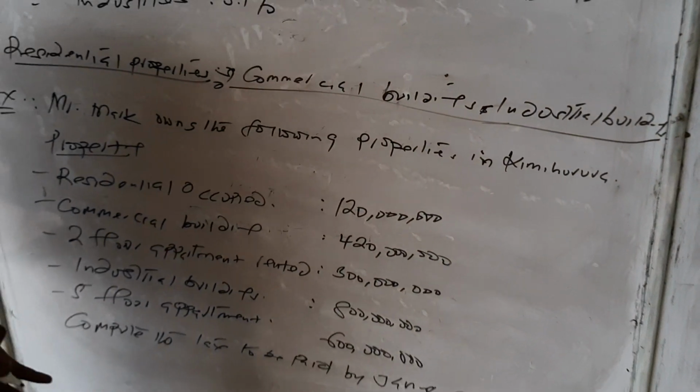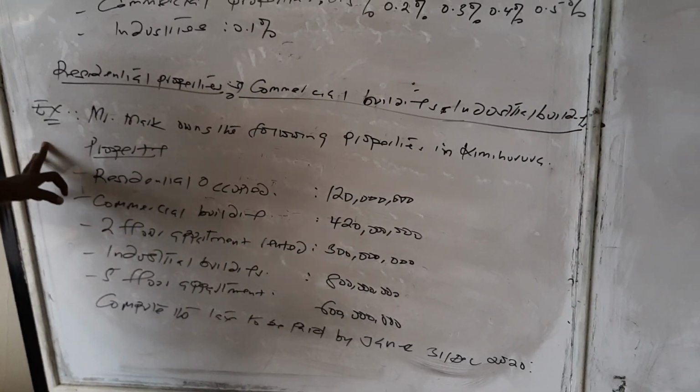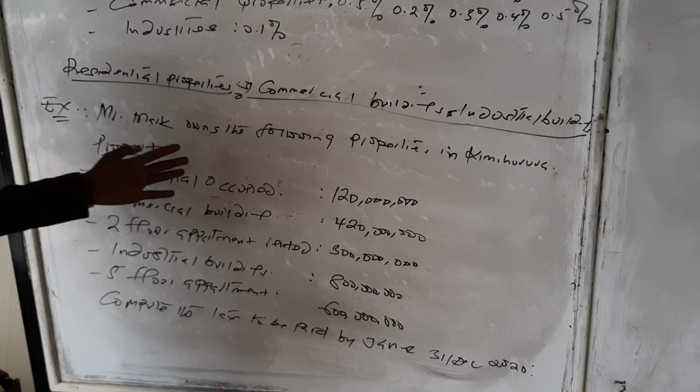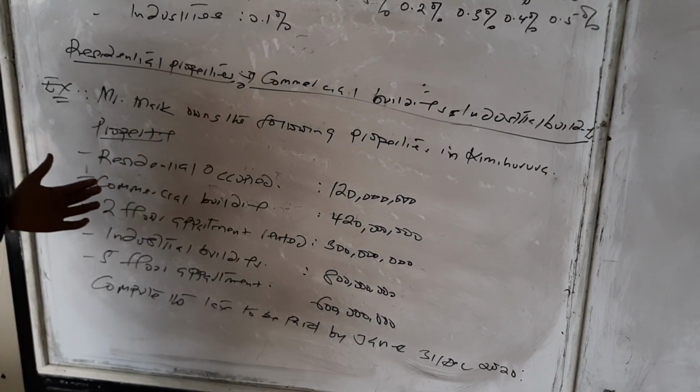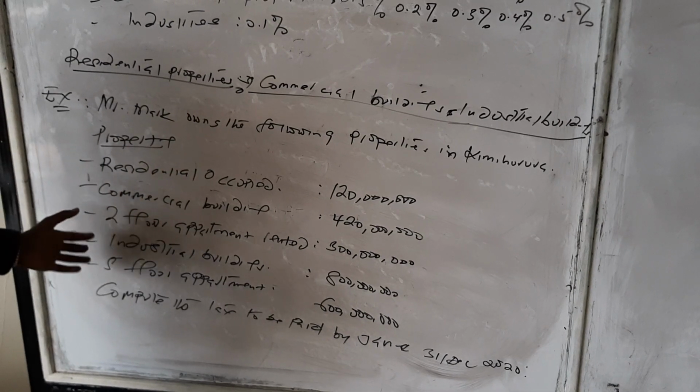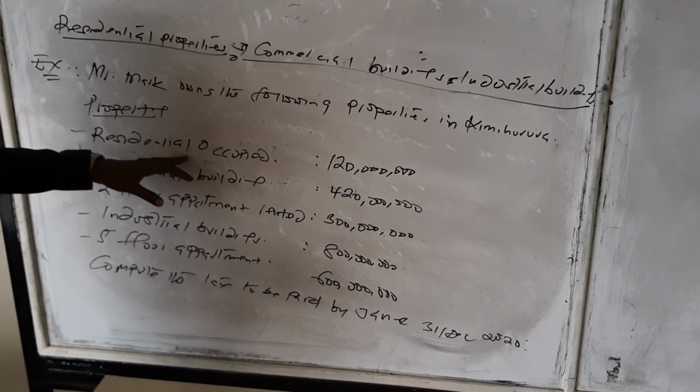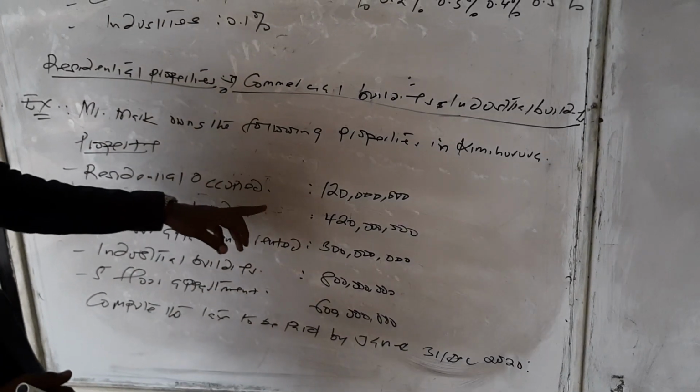Mr. Mark owns four properties in Kimihurura. He has a residential property which is occupied.